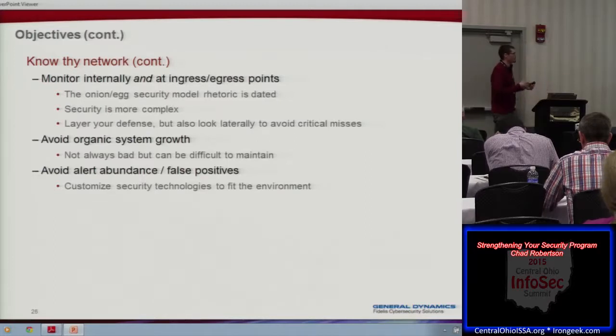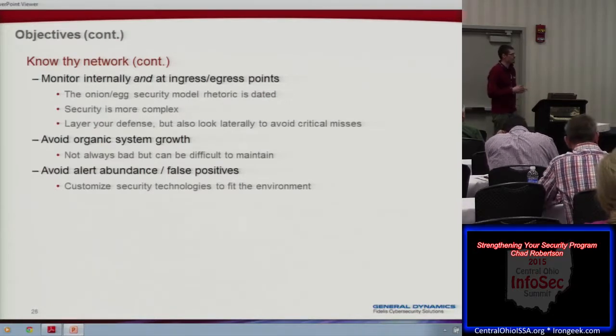But you can layer your defense and then also look internally. We can build the layers on, set up all these defenses in depth, but then inside, we can also go laterally and detect movement inside of the enterprise, behaviors, and patterns based on analytics and those kinds of things as well.